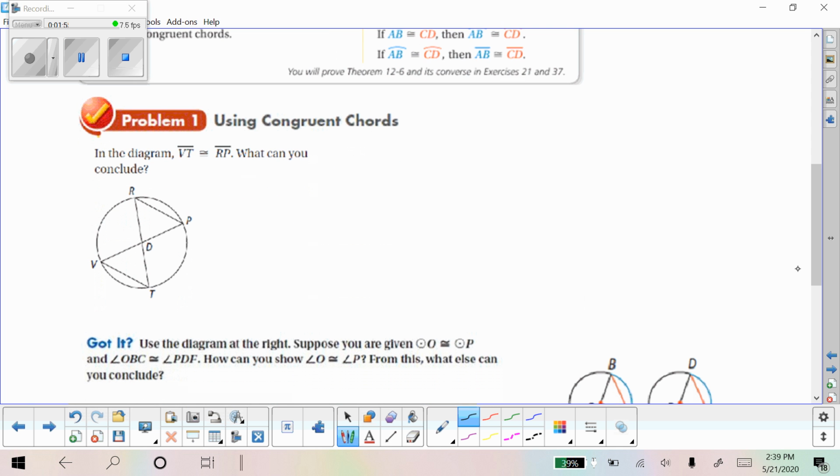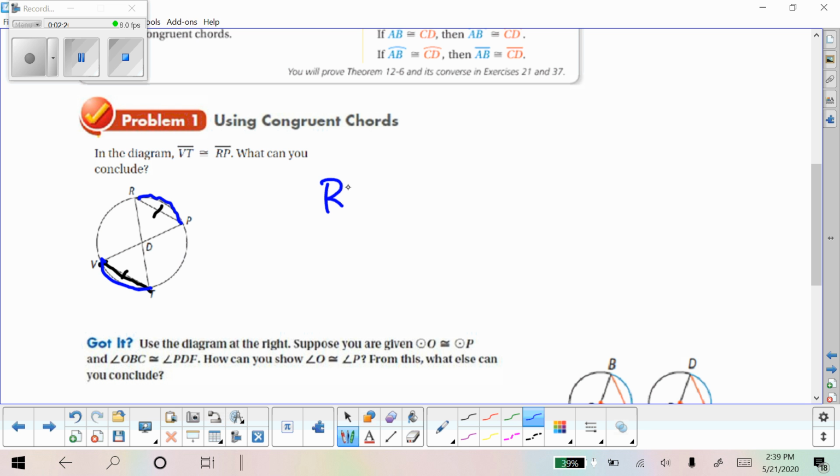All right, so looking at this first picture, what can we conclude if VT is congruent, let's mark it like that, to RP? You can conclude a lot. You can conclude that arc RP will be congruent to arc VT.